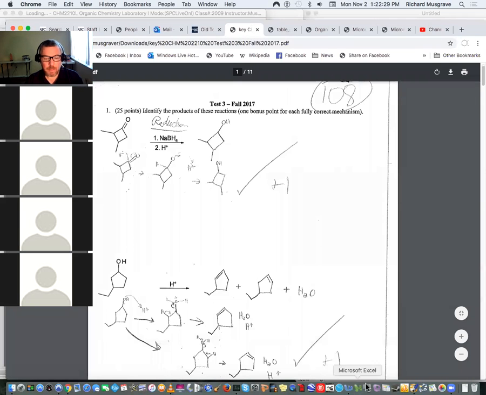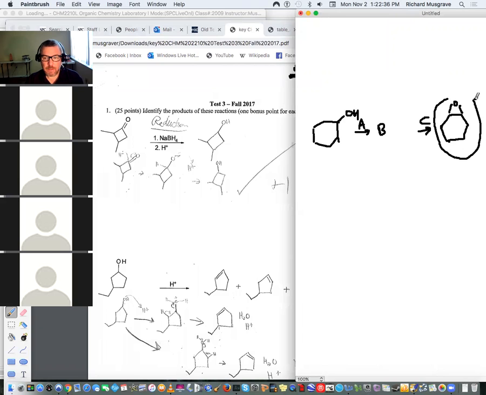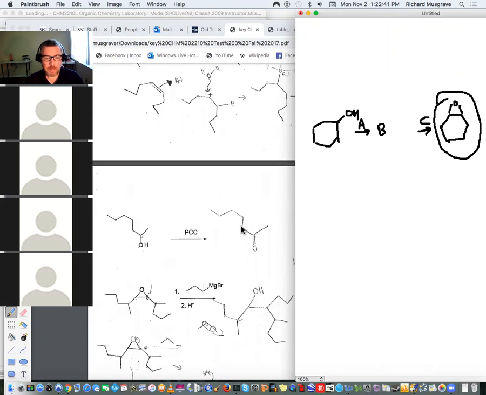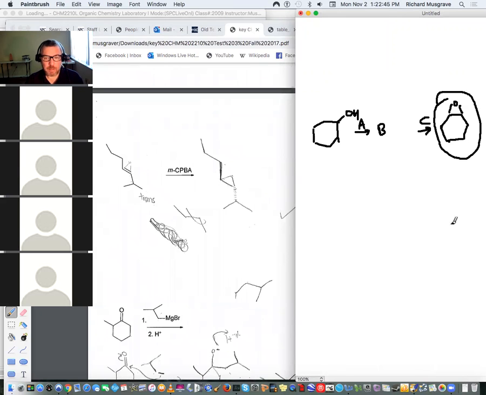So what you'd be looking for is something that has this product or a product that looks like this, has the same functional group. And when you look through, there's only one that will do that, and that's this one that has the MCPBA. So you see what the student has done here, you can see that they've even sort of drawn this on the reactant because they know what the pattern is for the MCPBA process.